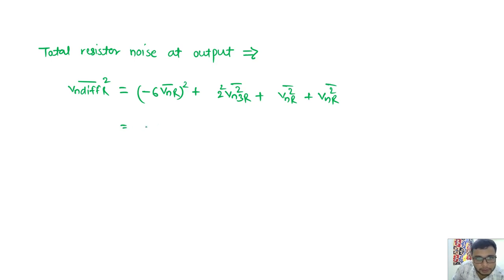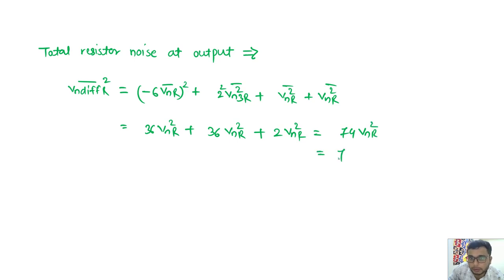It can be written as 36 Vn of R square plus 3R means 4 into that is a 9, 36 Vn of R square plus 2 Vn of R square. So it will be 74 Vn of R square. It can be written as 74 into 4 KTR.